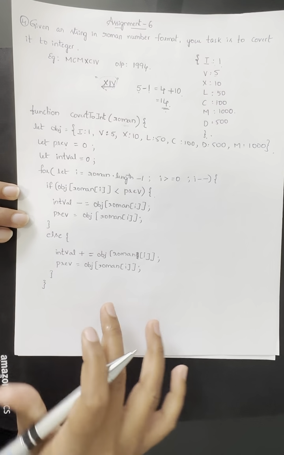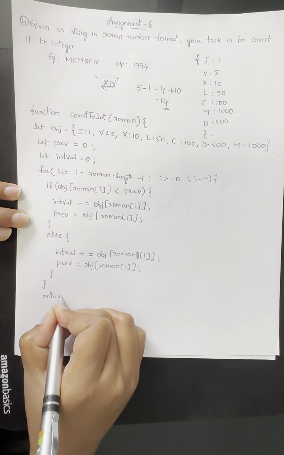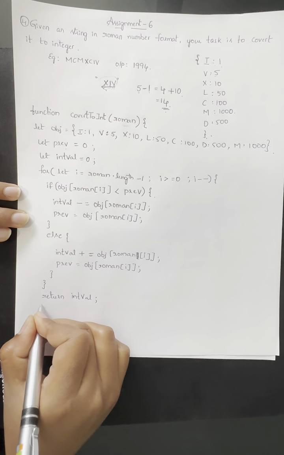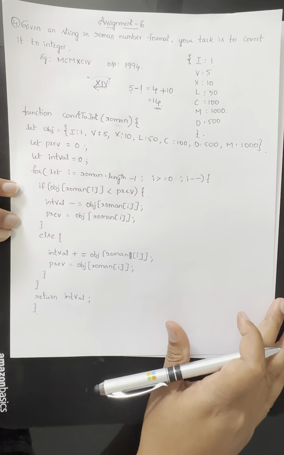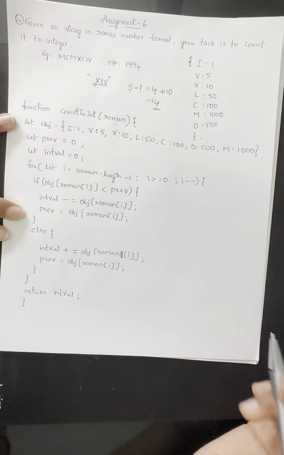And finally, once we finish this for loop, we need to return intValue. So this is the code for getting the integer value.